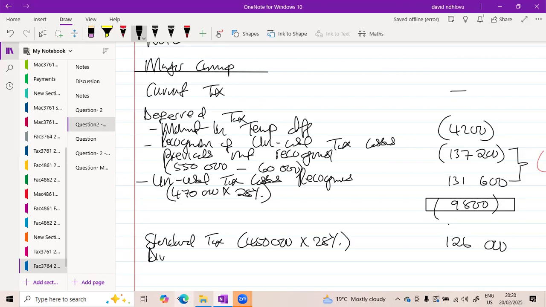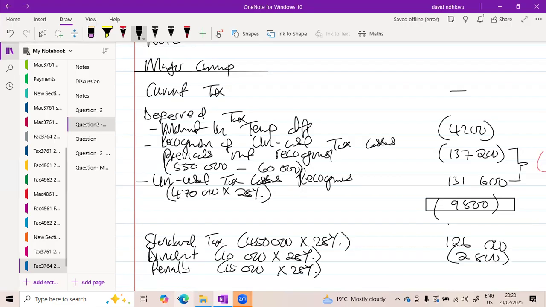Your exempt dividend, 10,000 multiplied by 28. Penalty, 15,000 multiplied by 28%. So 2.8, which we deduct, and 4.2, which we add. It's 4200.